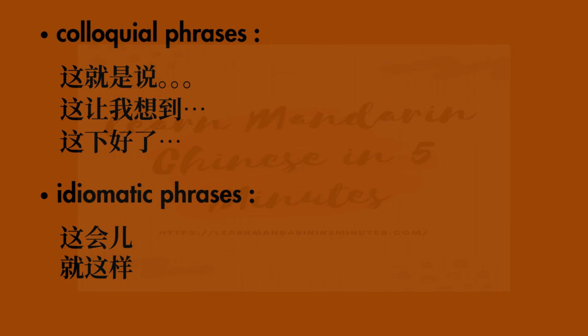We have also covered some colloquial phrases using 这 like 这就是说 that means, 这让我想到 this makes me think of, 这下好了 now look what happened, or idiomatic phrases like 这会儿 right now, or 就这样 let's leave it at that, or that is it.